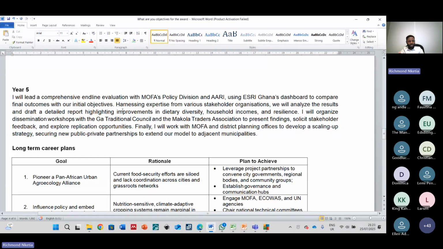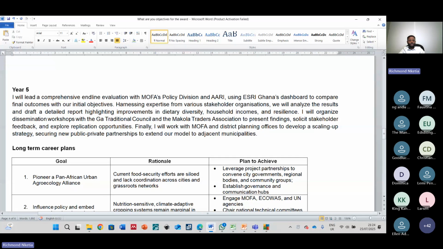So the initial objectives were the outcomes I stated there, where you would track prevalence of food insecurity, prevalence of hunger, and all those indicators. So you will draw on expertise from your stakeholders and organizations. Some might have expertise in data analysis, some might be good in report writing.